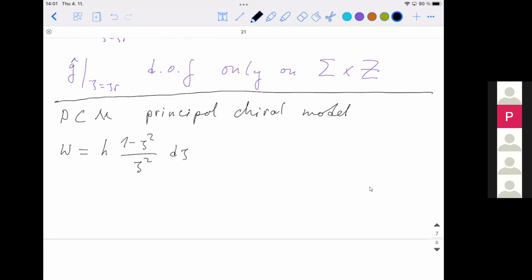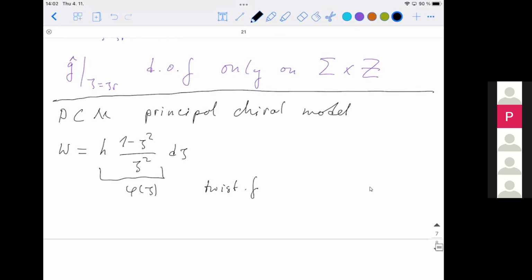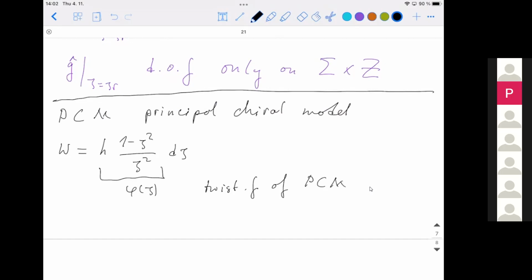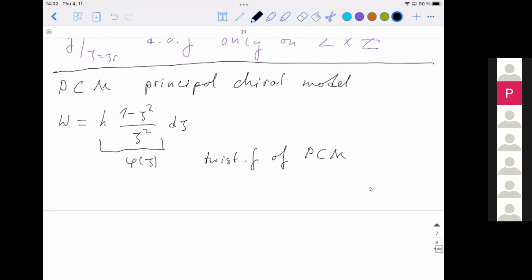So Sylvain said that, okay, we can either just guess different omegas and get to the PCM, or, since they already know what this part looks like for PCM, because it corresponds to the twist function of this PCM model, and it has been calculated before, I think based on the Hamiltonian approach, they just write this omega to be like this.